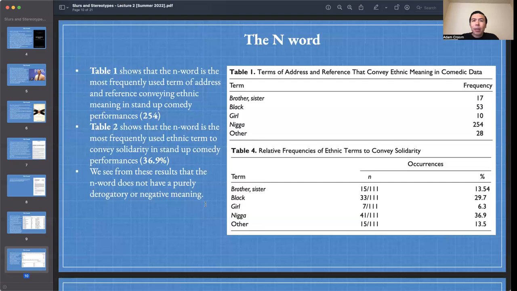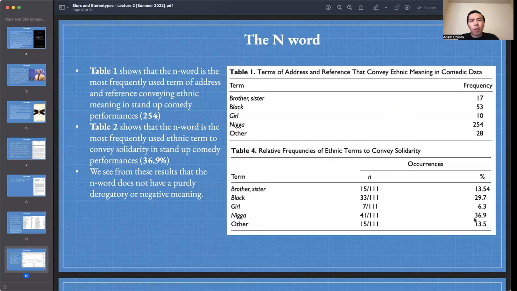Additionally, table 2 shows that the N-word is the most frequently used ethnic term to convey solidarity in stand-up comedy performances. So when we're thinking about terms that are used to convey solidarity in stand-up comedy, we see that different terms are used, such as brother, girl, but the term that is used most frequently to convey solidarity is also the N-word, okay, which is highly surprising, right?